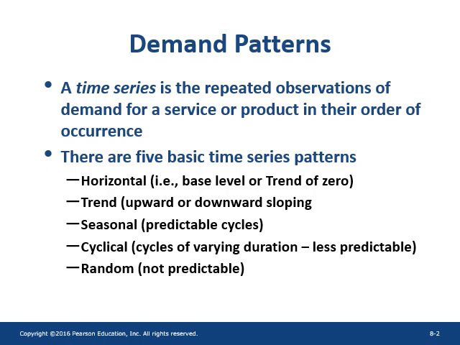Cyclical patterns are unlike seasonal patterns in that their duration is not so predictable. The most common example we could talk about here is the economic cycle, where we have periods of growth and periods of recession. We don't know when the next recession will occur. We don't know how long that recession will be.